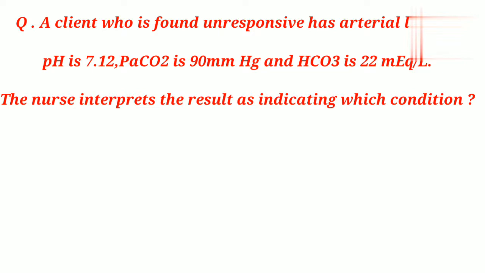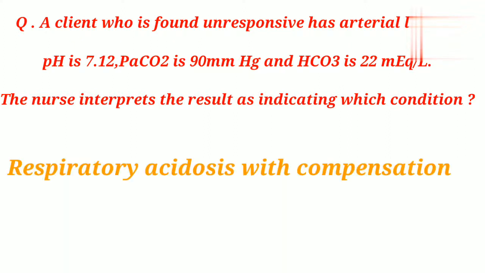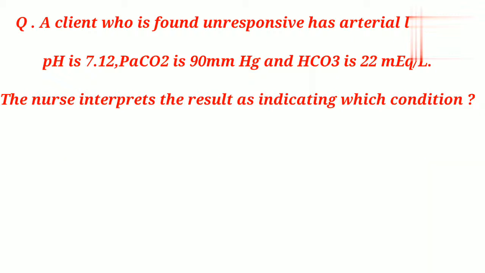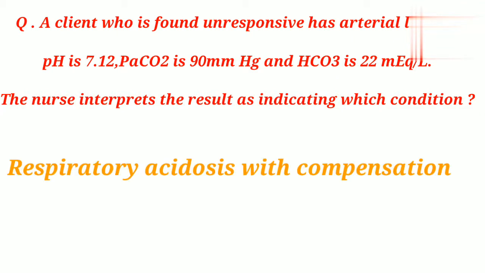The pH 7.12 is less than 7.35, it's acidosis, and PaCO2 is 90, more than the normal limit of 45, and HCO3 is within the normal range. Then the solution is respiratory acidosis. Respiratory acidosis is clear, HCO3 is 22, that's why it is respiratory acidosis with compensation.